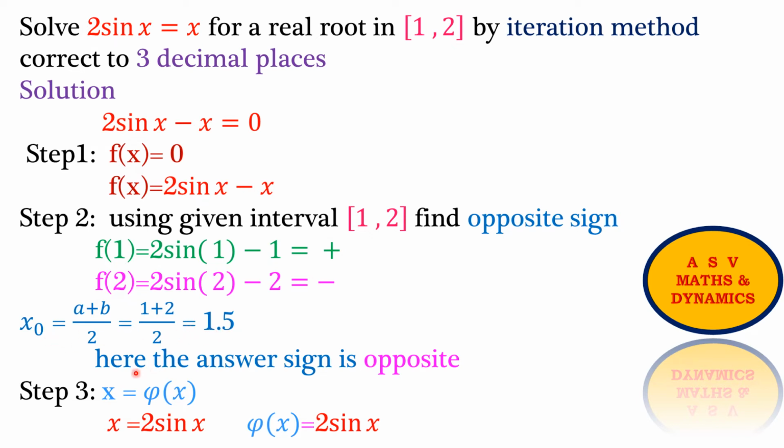Then you consider x equal to phi of x. What is x? Already x equals 2 sin x. So phi of x is also 2 sin x.